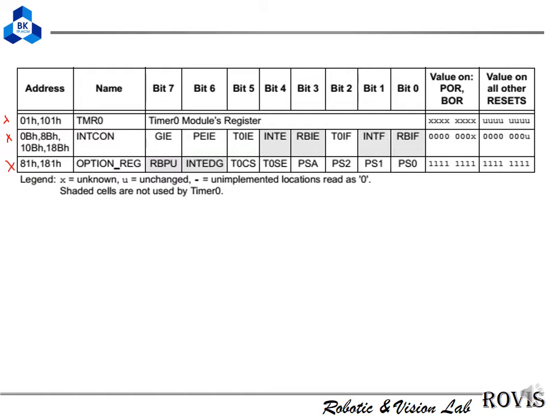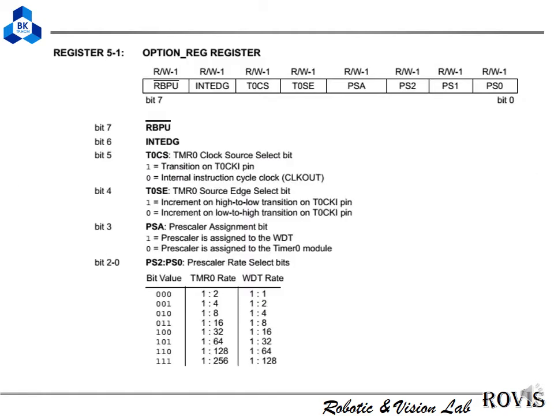The TMR0 will contain the number of the timer. For example, when the timer increases, the number will be stored inside here, right? And let's look in more detail at the option register.